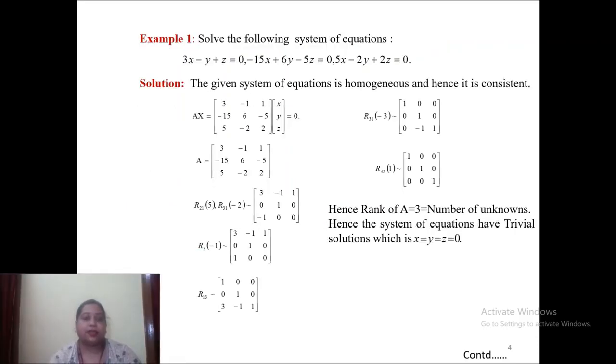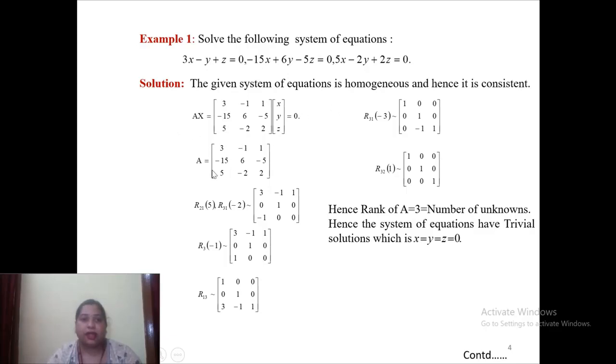Suppose we consider an example. We have to solve the system of equations 3x minus y plus z equal to 0, minus 5x plus 6y minus 5z equal to 0, 5x minus 2y plus 2z equal to 0. These three equations are homogeneous because they are in the form AX equal to 0, where the value of B is 0.